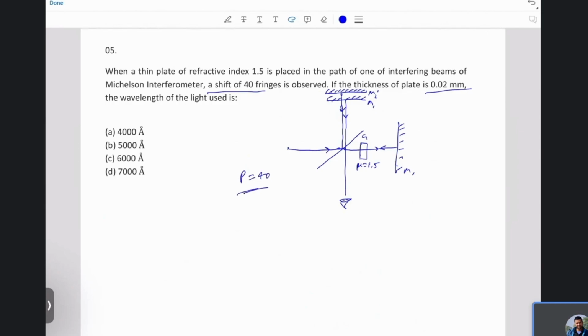Now, the thickness of the plate is given as 0.02 mm, and we have to find the wavelength of the light. So how do we do that? Any idea?